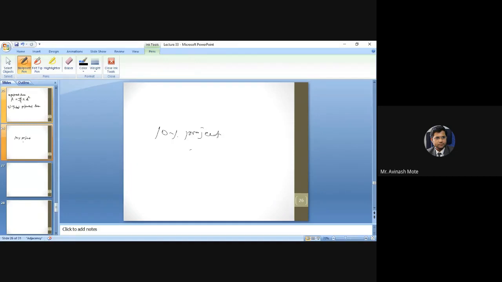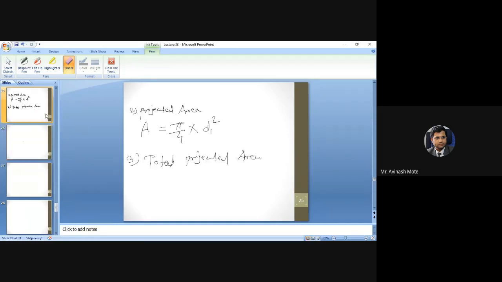Whatever projected area you have used for the component, 10% of that will be for the gating system. You will have to add this 10% while calculating the total projected area. Gating system is a part of mold design, so we have to consider it in the total projected area.